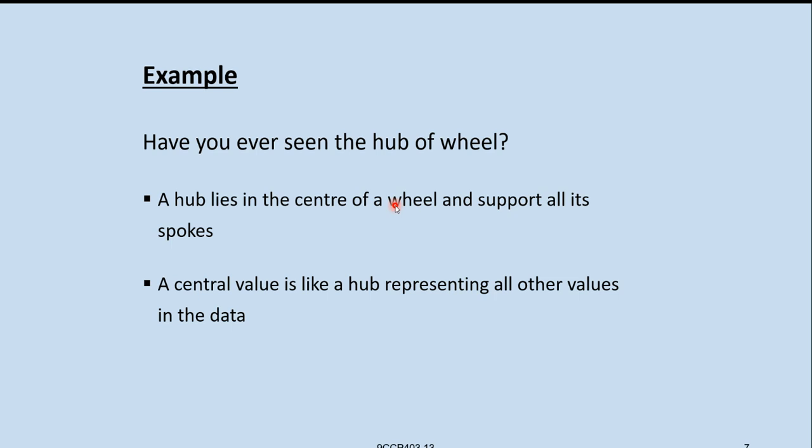Now here, central tendency means the value which is there in the center, or which is tending towards the center, which is nearing the center, will represent the other values also given in the data.